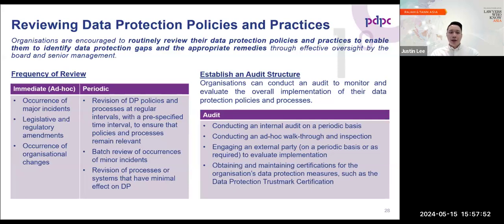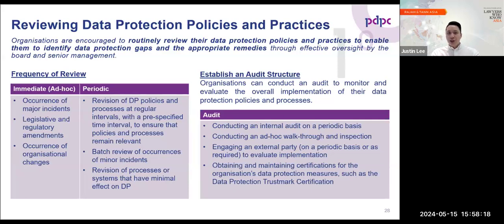So this could be annual, this could be quarterly. For example, the whole policy can be reviewed annually, but certain specific processes can be reviewed quarterly based on, for example, the feedback chain that I mentioned. So feedback is received from and given to management on a quarterly level, and management will translate that into a quarterly update of whatever policies and processes.